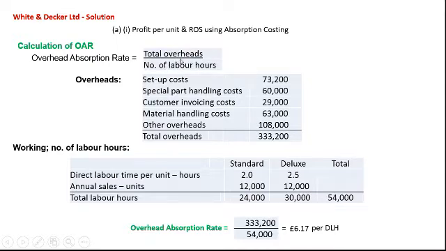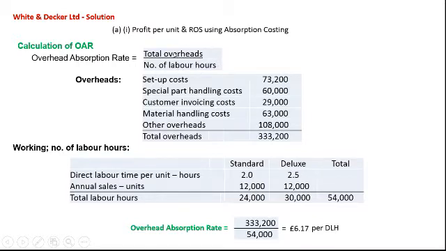If it is labor intensive, the norm is that we use labor hours. If it is machine intensive, then the norm is to use machine hours instead. In this case, we have been told that we need to use labor hours. So that's why we have put here number of total direct labor hours.